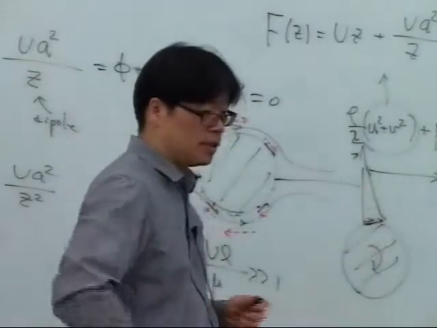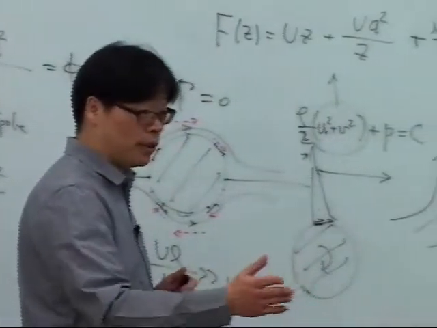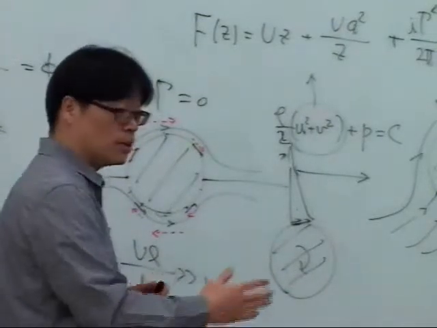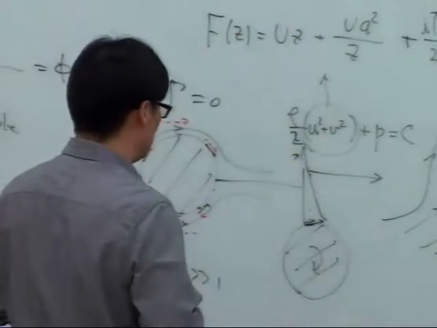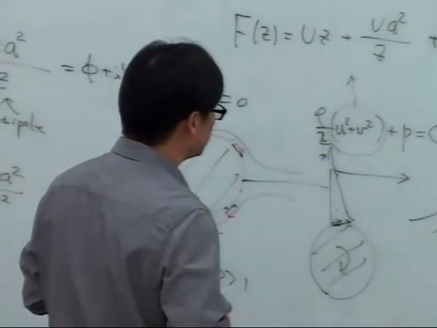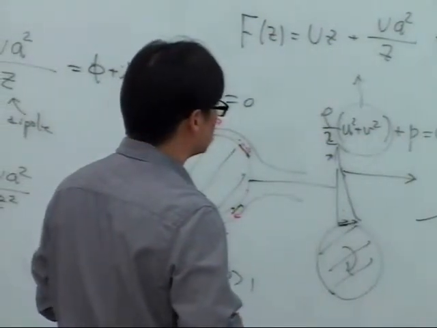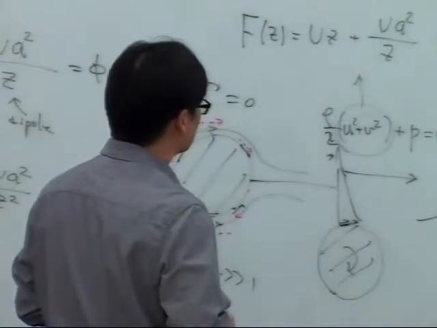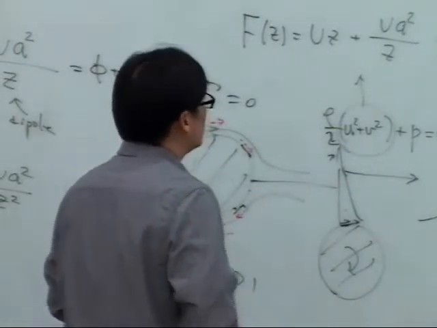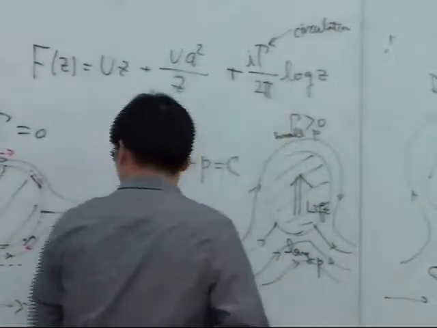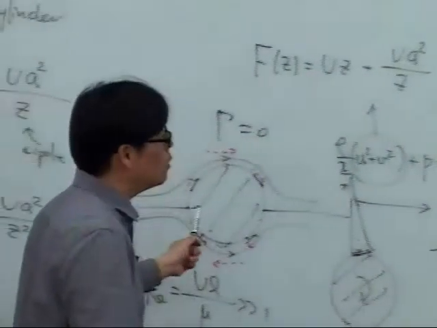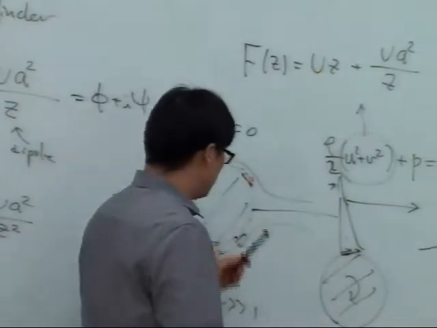Or you can think of this as a rudder. Then that rudder gives you the side force, so that the ship can rotate. Okay, so without this vortex, you have a very symmetric flow like this, and therefore there's no force acting on the body.